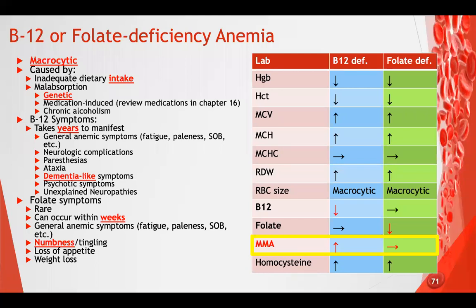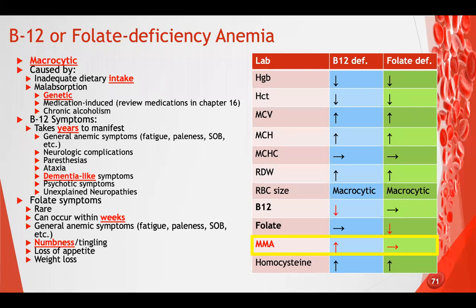So review the medications in chapter 16 that talks about those medications that can reduce vitamin B12 or folic acid absorption or conversion. And also chronic alcoholism, because if an individual is a chronic alcoholic, they will not be receiving the proper nutrition, and they're more likely to experience B12 and folate deficiency.